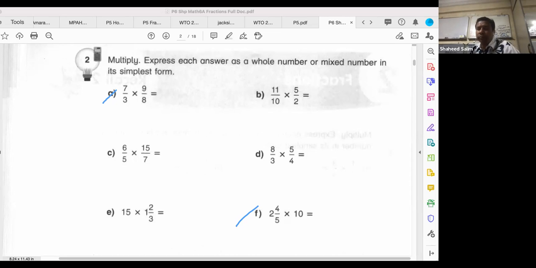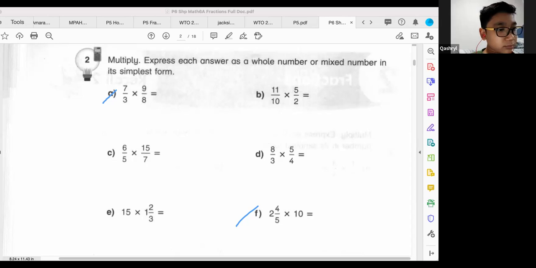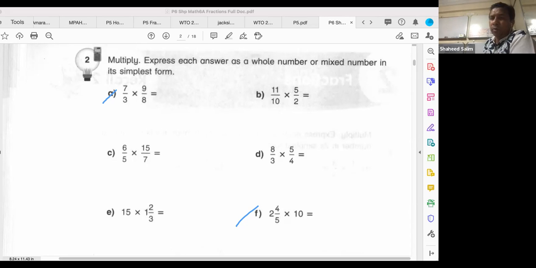Well done, Riaz. Can you do B, C, D, E? Shalina, well done for A. Riaz, you have to check the answer for B.